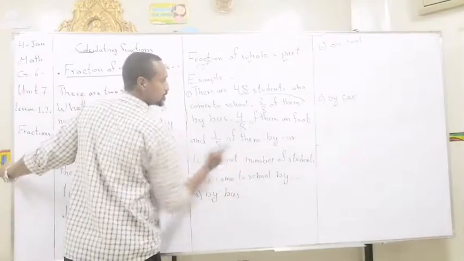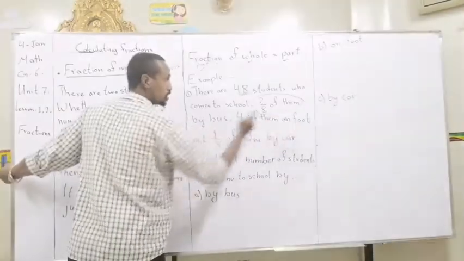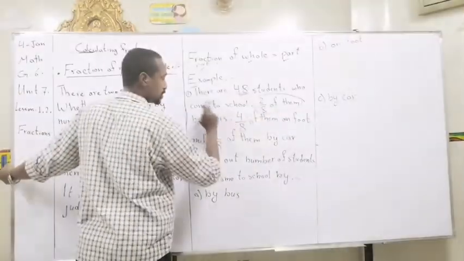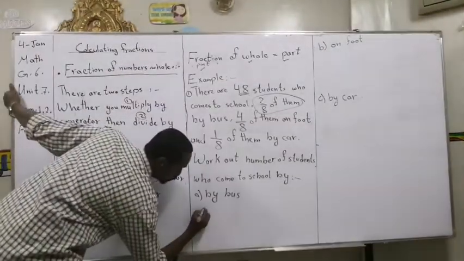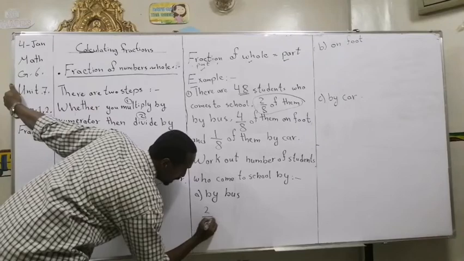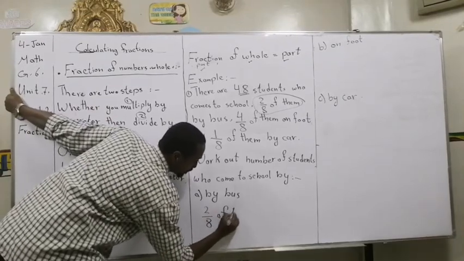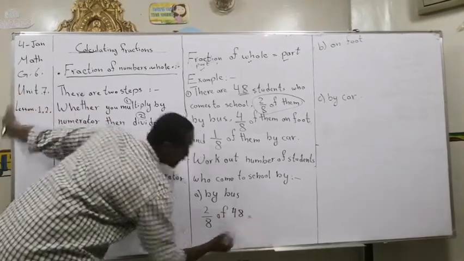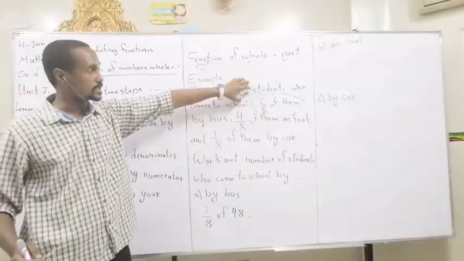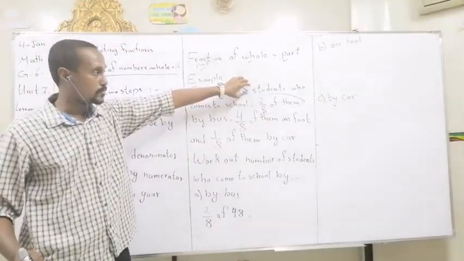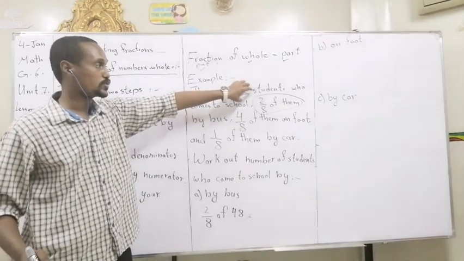This refers to car. 4 over 8 refers to foot, and 2 over 8 refers to the bus. That means I want the bus. I'm going to say 2 over 8 of 48. Why? How did I know the missing one is the part? Because they told us all of the students, all the students of the school.